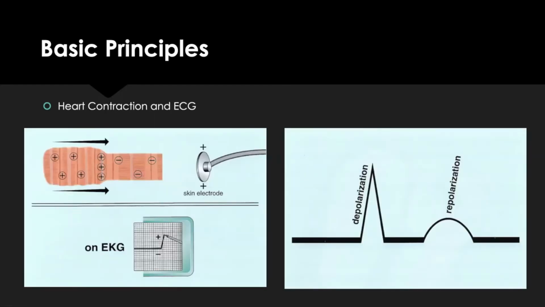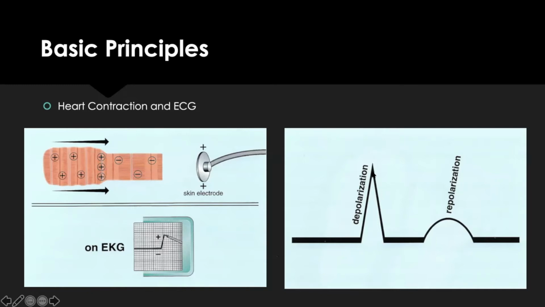As the heart muscle depolarizes, becomes more positive, the deflection recorded on the EKG will be more positive as well. So heart muscle becomes more positive down here. This is the electrode. And then on the EKG sheet, it will become positive or will go upwards.